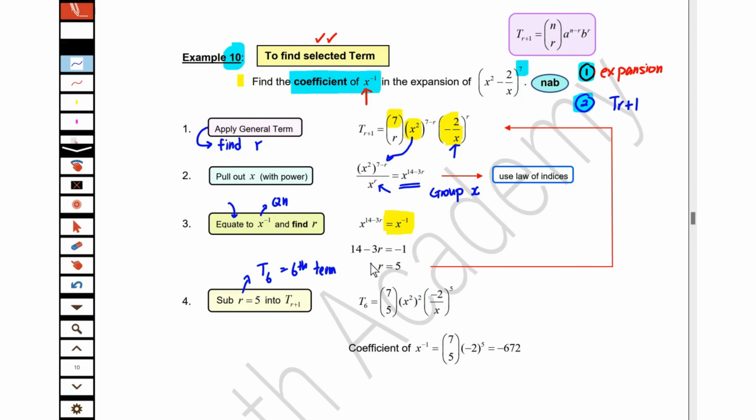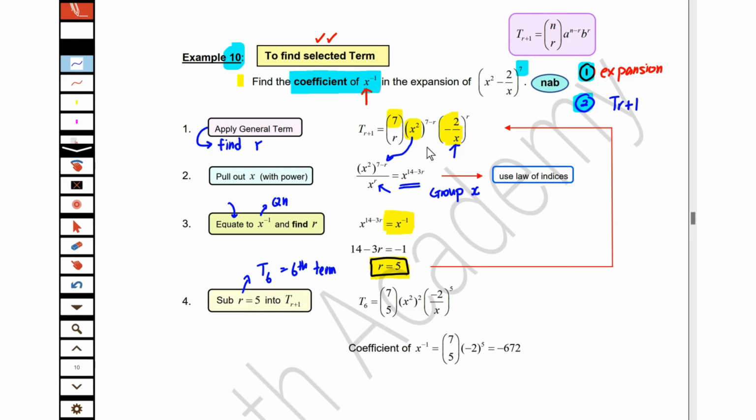After you have found R, you always have to substitute the value of R back into the original expression, because they wanted you to find the coefficient. Maybe this time, I will write out the entire format for you after I group the whole thing together.